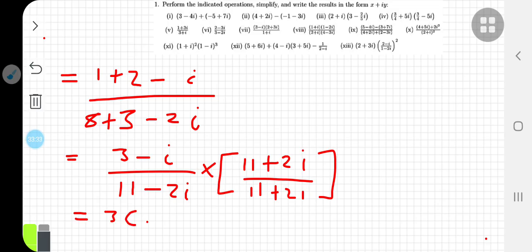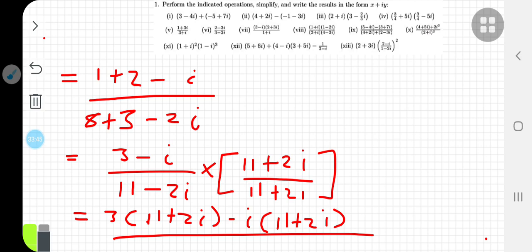It will multiply with 11 plus 2i, minus i also multiply with 11 plus 2i there. I'm going to divide this. When you're multiplying the denominator, you can just go direct by just saying a real part is a real part, imaginary part, imaginary part. That's what I've been doing all this time. So on the denominator, the case is different. You can do this method where you just multiply the real part with the real part, imaginary part with the imaginary part.